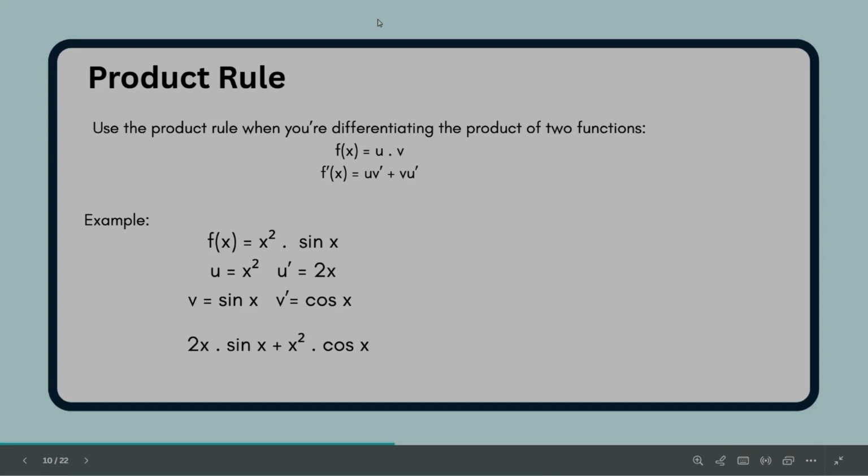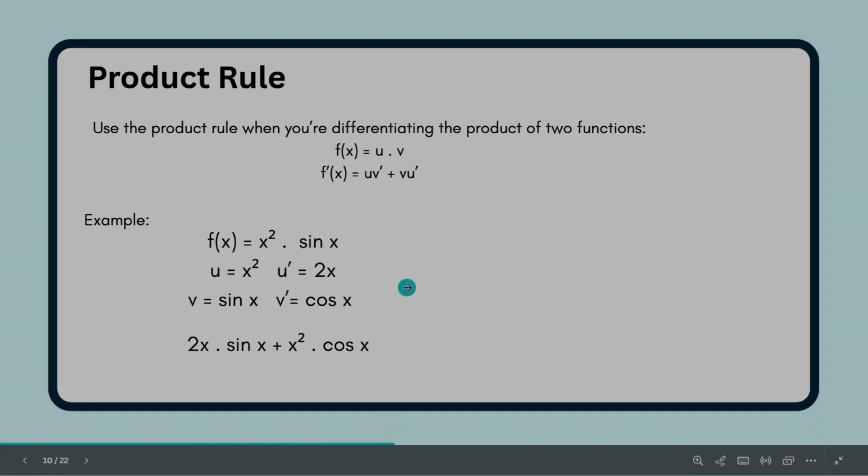First technique, we have the product rule, which we can use when you are differentiating the product of two functions. For the function f(x) equals u times v, when we differentiate it, the formula is uv prime plus vu prime. For example, f(x) equals x squared times sin x. First, you have to identify u, u prime, v, and v prime.